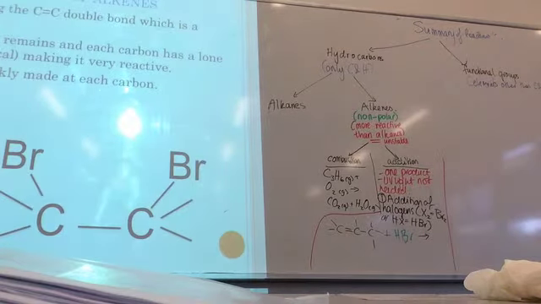You need to know how to be able to write out the products for those. How many possible products are there for that? Is there just one type of product that we can get?